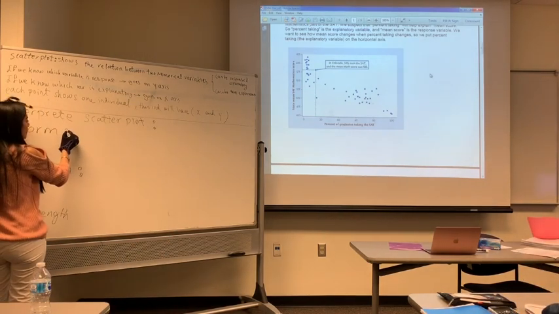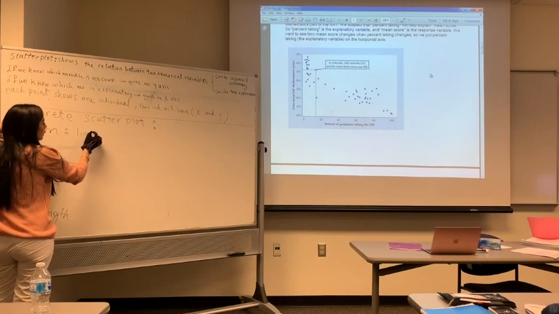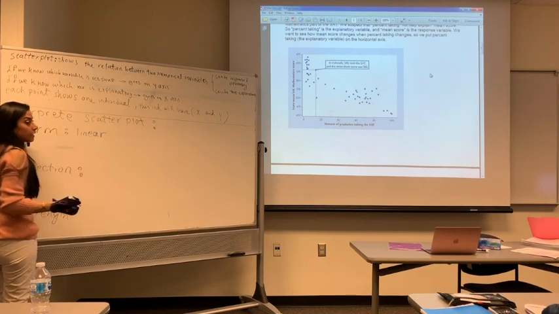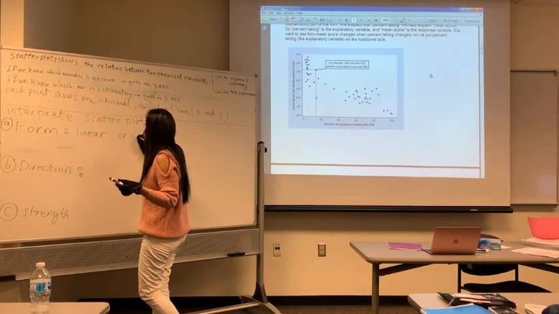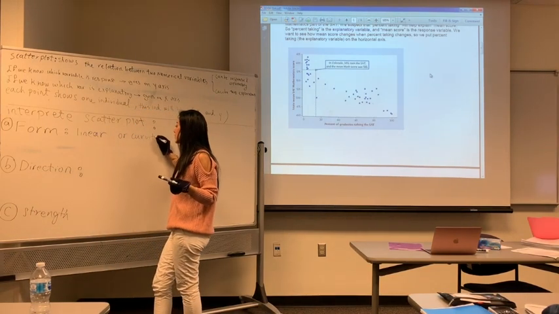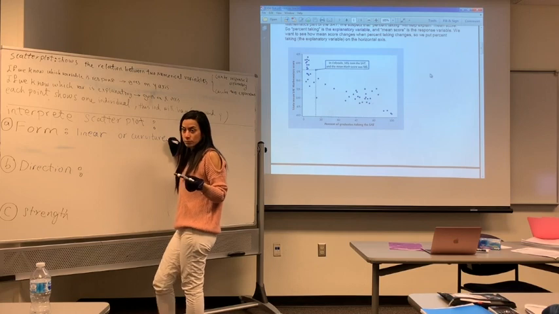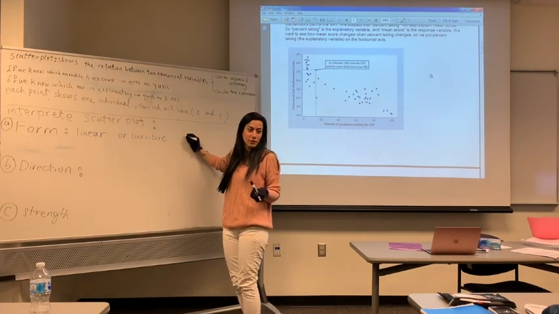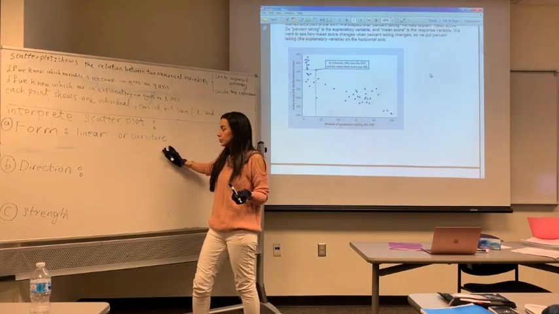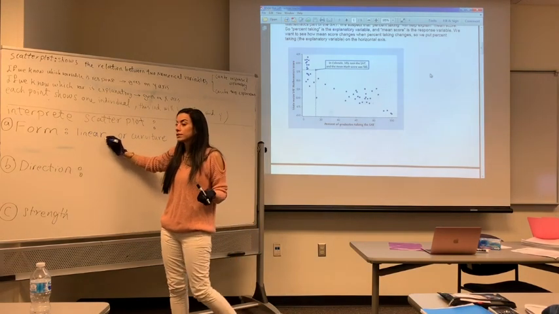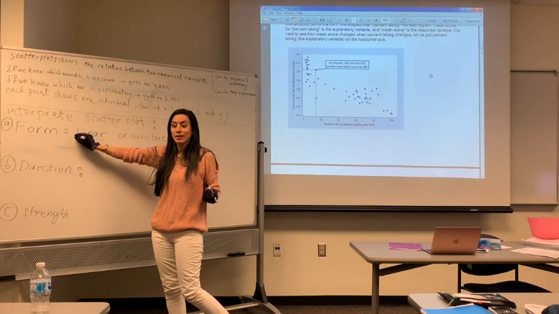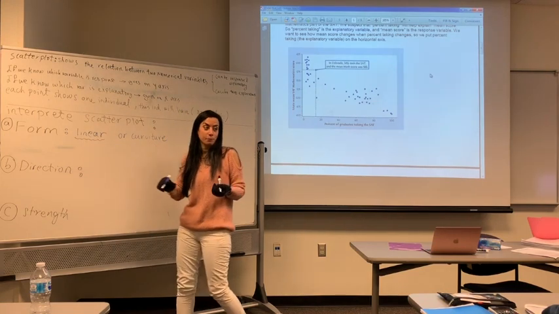Form of relation can be linear or curvature, or there are different forms, but we are not going to talk about different forms. And also beside that, in this class we are just going to concentrate on linear form.